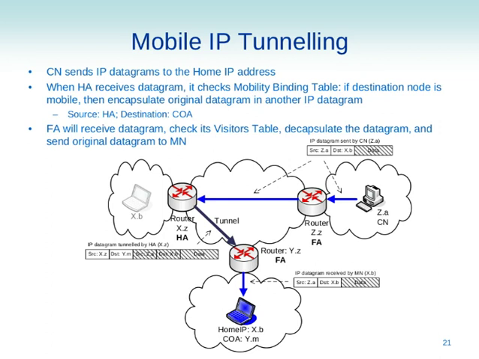It sends that to the router, which uses its routing table and delivers across the internet. We want to get this datagram to X.B. And eventually it will be delivered to the router for subnet X, which is our home agent. This is where the tunneling happens. The home agent knows that X.B is no longer home.